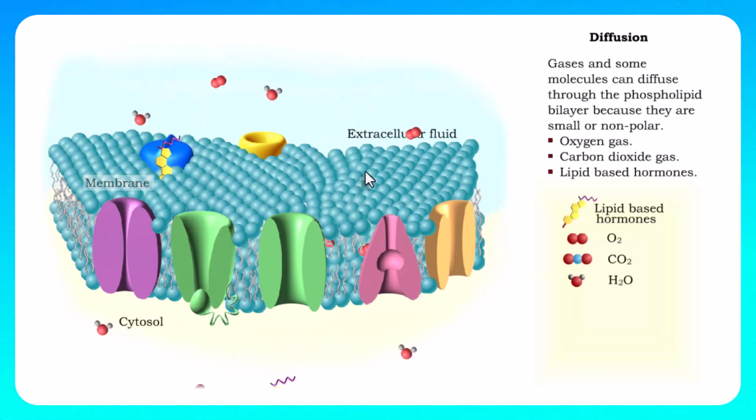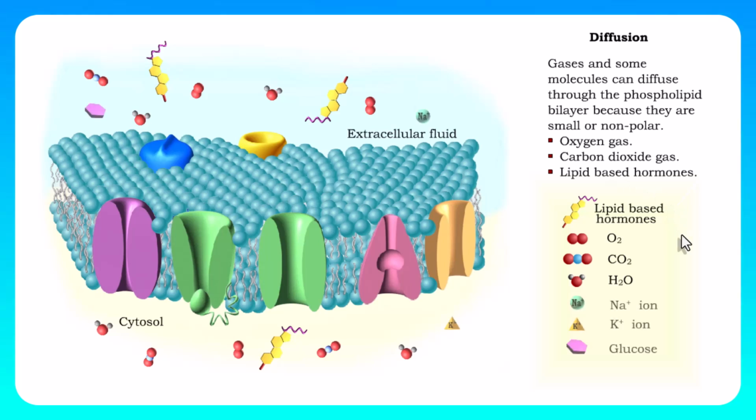With passive processes, gases and nonpolar molecules pass through the bilayer along their concentration gradient. In the process of diffusion, ions and glucose cannot pass through the phospholipid bilayer.